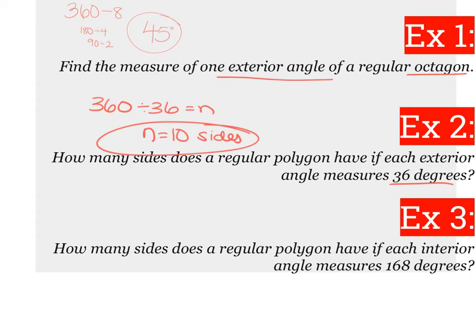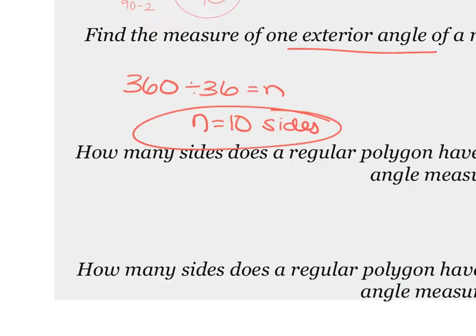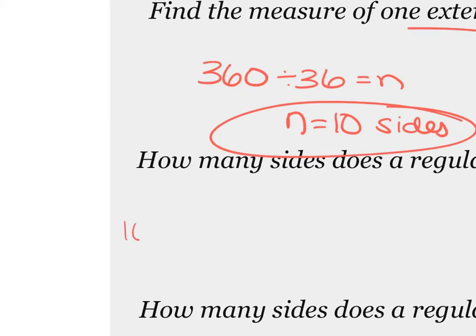Finally, we have an example that we actually did yesterday. We're asked how many sides a regular polygon has, and we're told each interior angle measures 168 degrees. We could say that 168 equals 180 times n minus 2 divided by n, and then multiply and distribute and subtract and all that craziness.